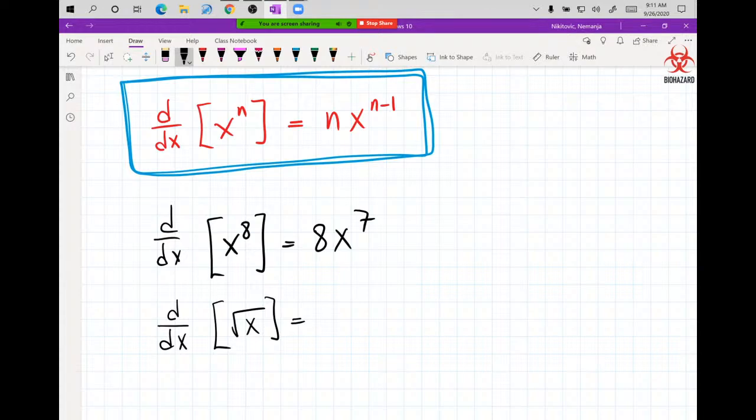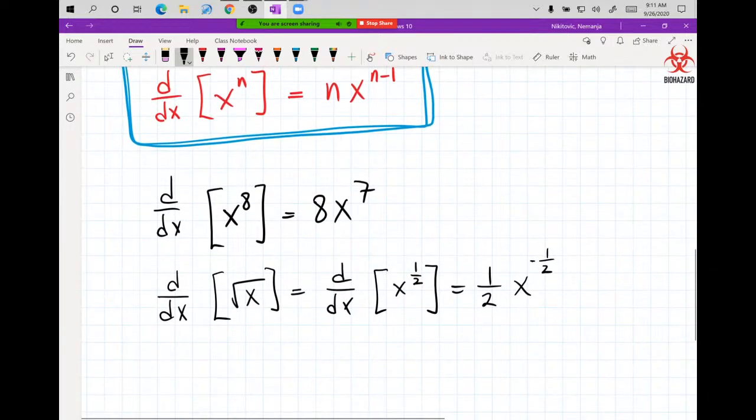Make it x to the 1/2. Nice. We copy this and make the exponent a half, and then just unleash the formula. So copy the n, which is 1/2, and then x to the negative 1/2, right?